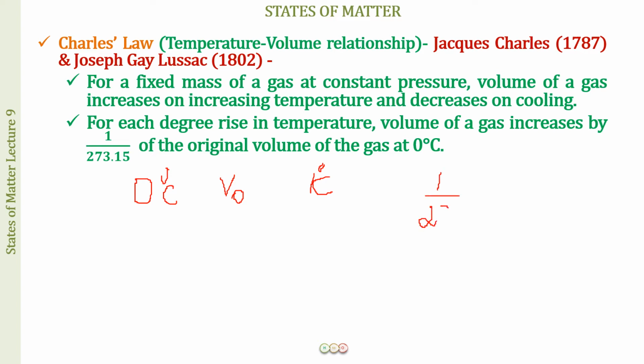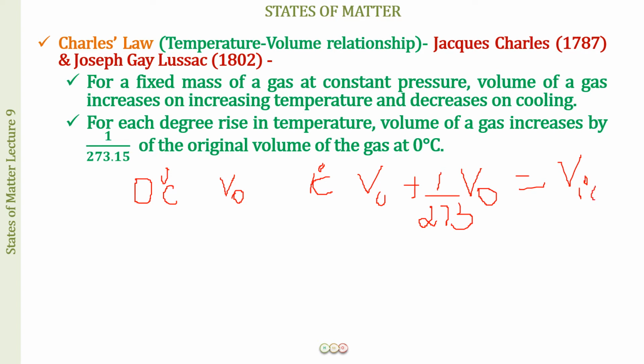I will just write 273 for simple purpose. So the volume is going to increase by 1 by 273 of V naught. Right? So what is going to be my final volume? My final volume will be V naught plus 1 by 273 of V naught. So this is going to be my volume at 1 degree Celsius, right?